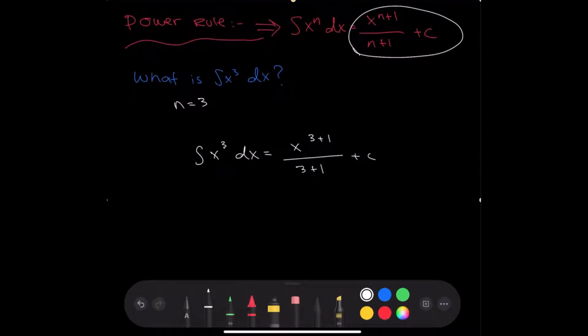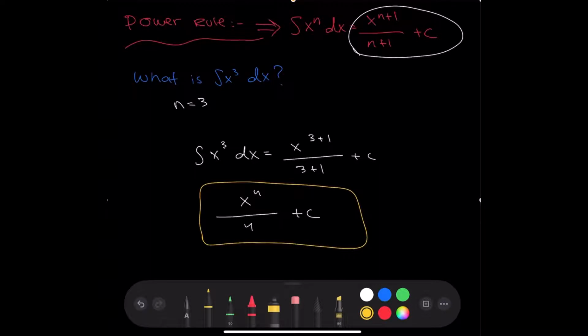Now we simplify. So we have x, 3 plus 1 is 4, over 3 plus 1 is also 4. So we write 4 here, plus c. And this is going to be our answer.